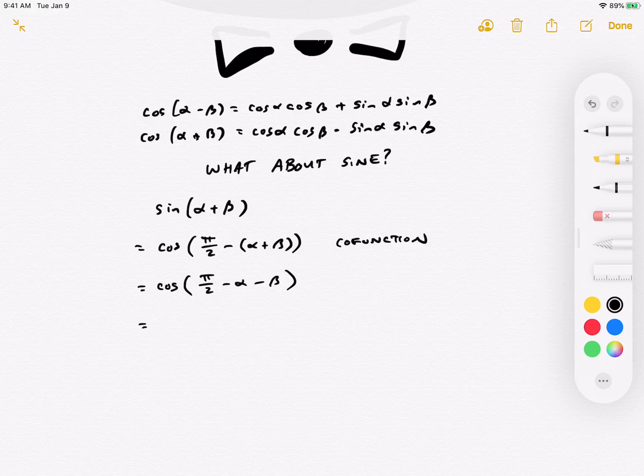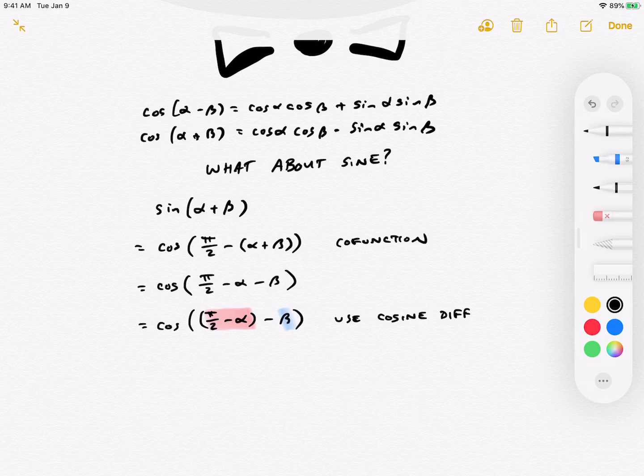And then, and this is a very, very important step, I'll use the associative property here to think about my first angle as being pi over 2 minus alpha, and my second angle as being beta. So what I'm going to do from here is I'm going to use the cosine difference identity to finish this problem. The cosine difference identity tells me how to handle the difference of any two angles.